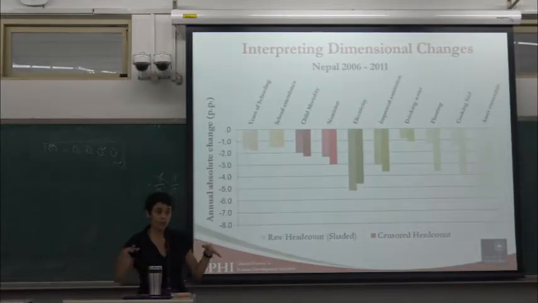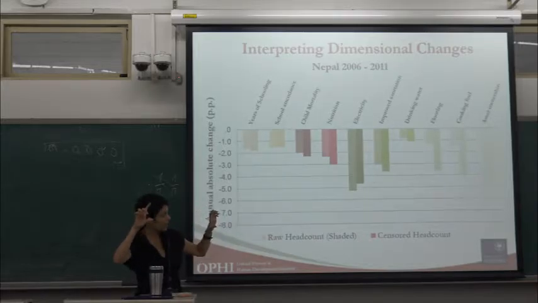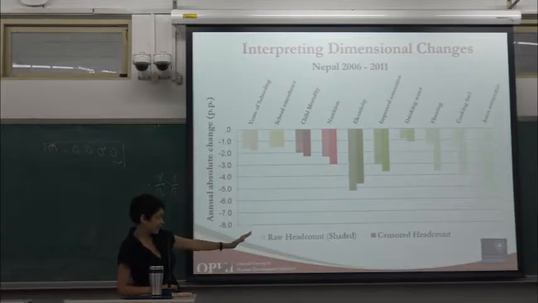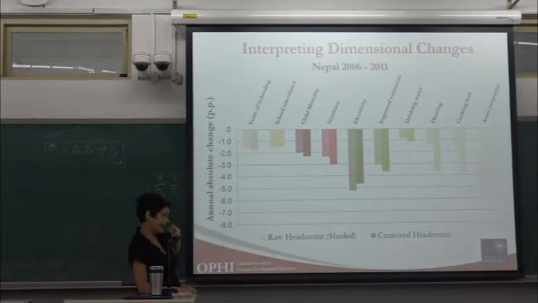Dimensional changes. As I said in the beginning, you can apply exactly the same formulas for the 2 head count ratios. Here we have the raw and censored, and now we say uncensored, head count ratios. Which were the indicators that reduced most? Shout.